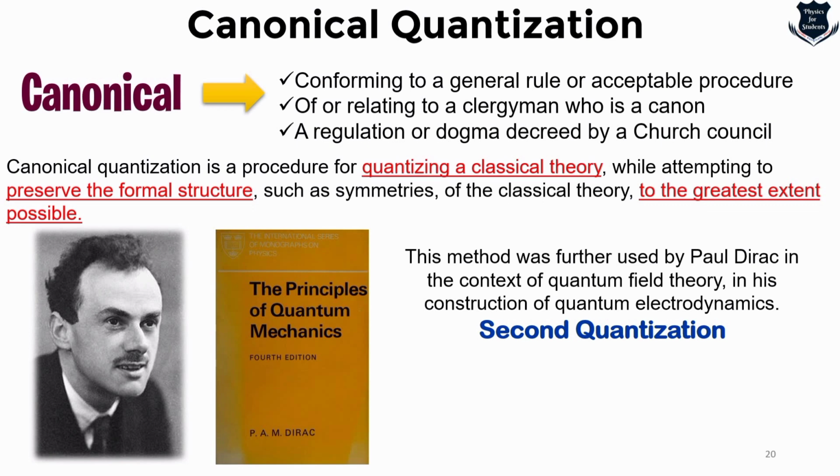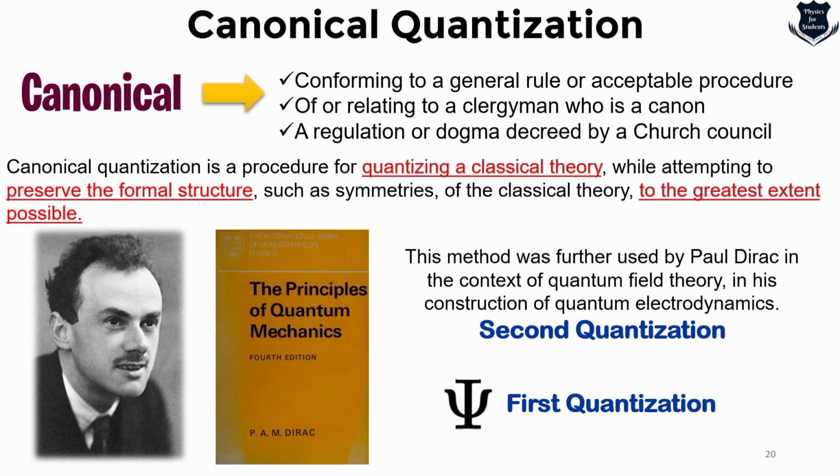The first quantization involved the semi-classical quantization of a single particle through the wave equation of psi. The first quantization is basically through the wave function, and the second quantization is Paul Dirac's usage of quantization to formulate quantum field theory.